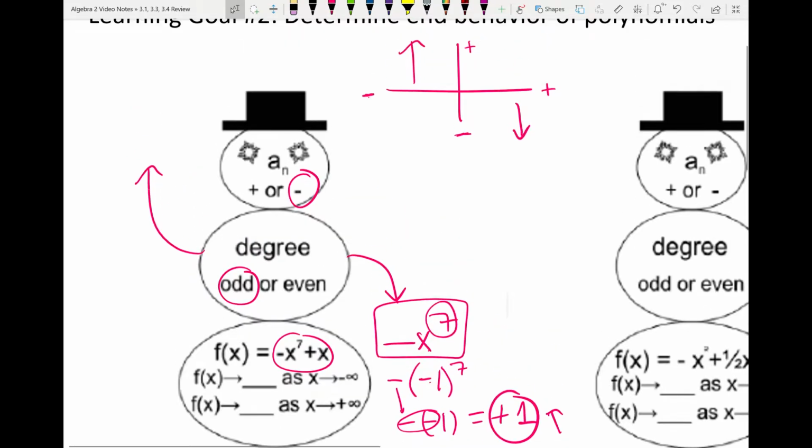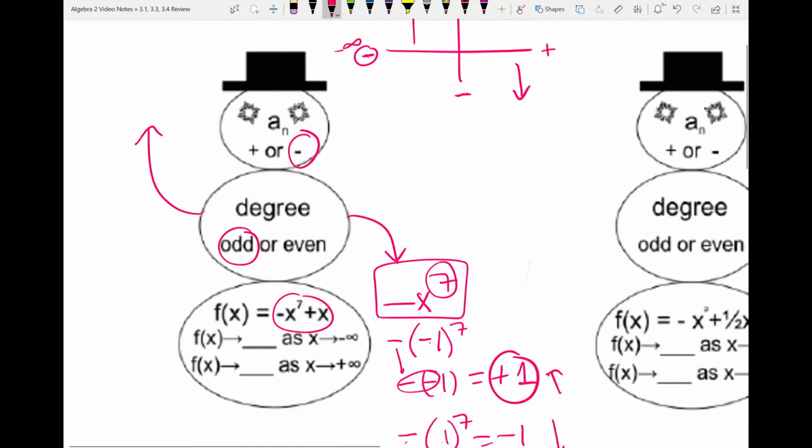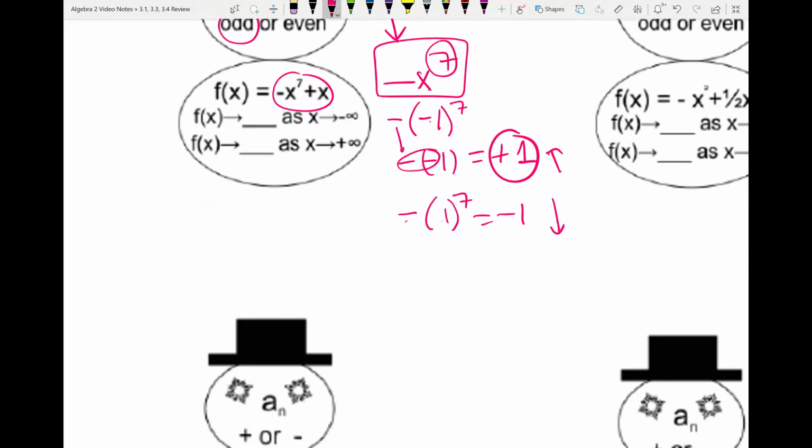So like we said, if we plug in a negative number for x, then we get a positive for y. So when x is -infinity, y is +infinity. So as x approaches -infinity, y approaches +infinity.